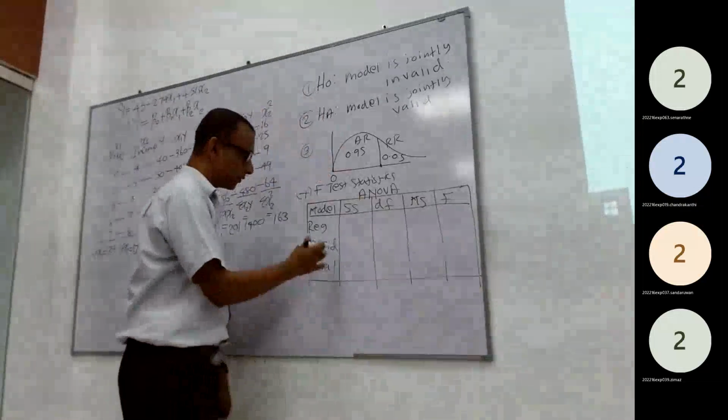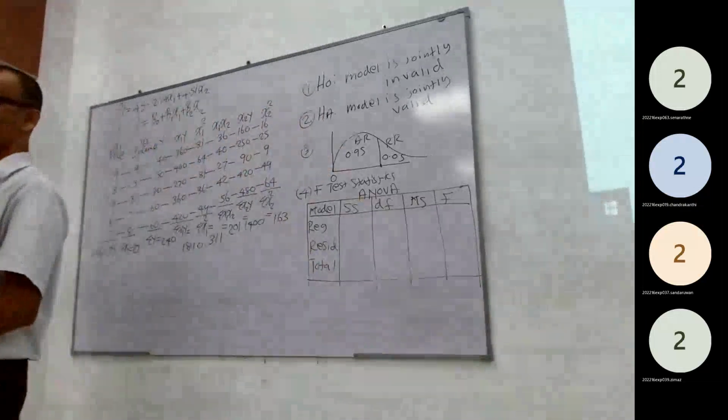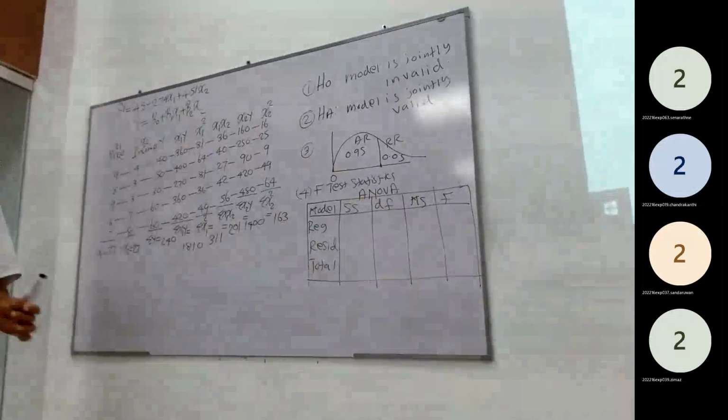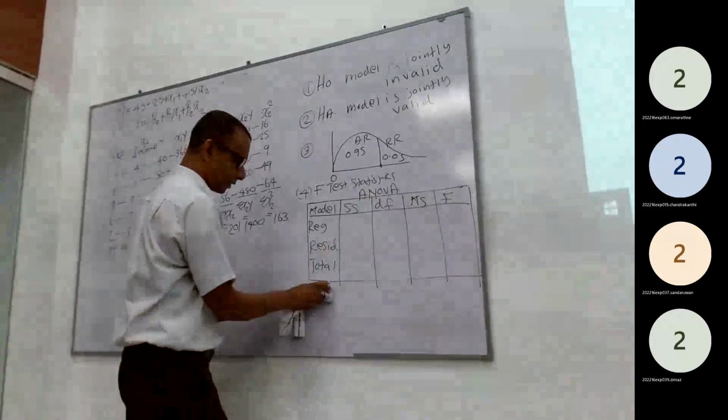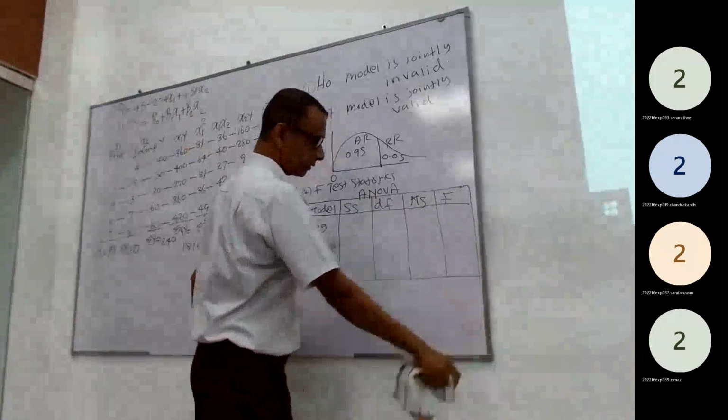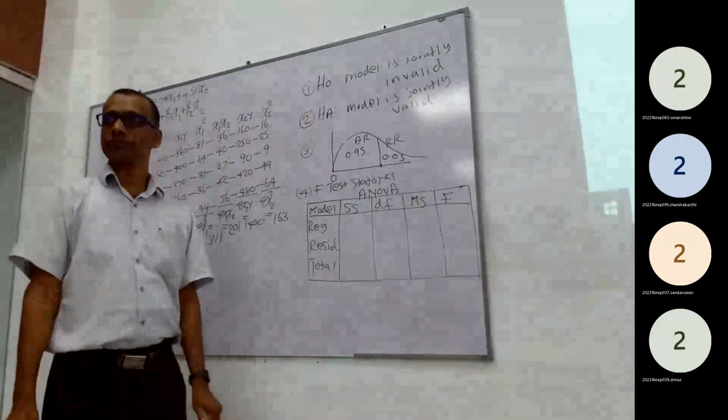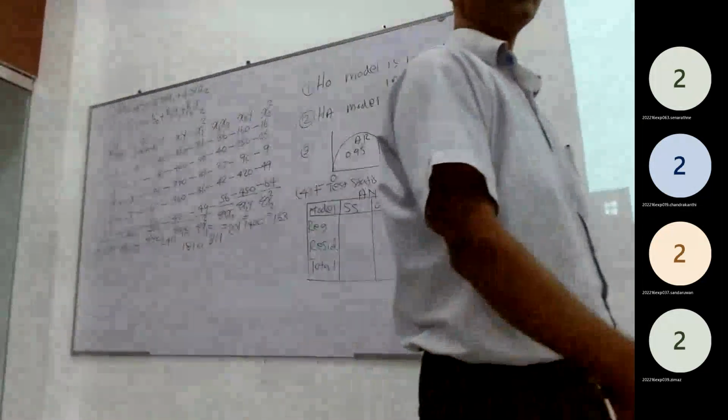These three rows make the regression ANOVA table.